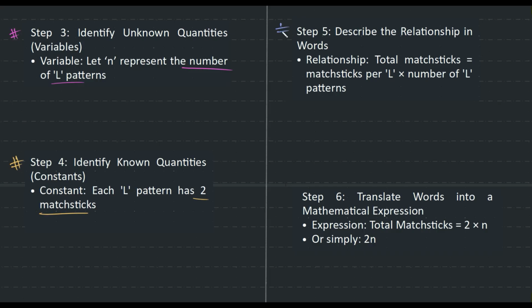And now, how do you describe it? More than this, I think we should start going with writing it. Let me explain, purely in words. Total matchsticks is given by two times the number of L shapes.